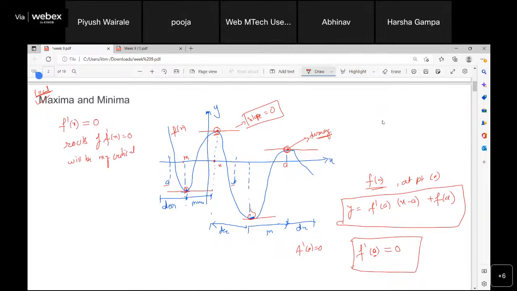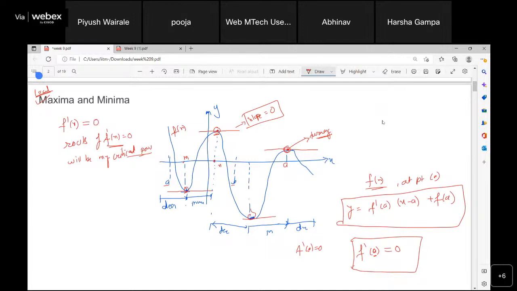So whenever we want to find a critical point, just differentiate the curve and find its roots. So that root will be the critical point, right? This is one of the things. Or it may be possible that even if it is not differentiable, it can still be a critical point at some point. So even if the function is not continuous, it can have a critical point at that point.